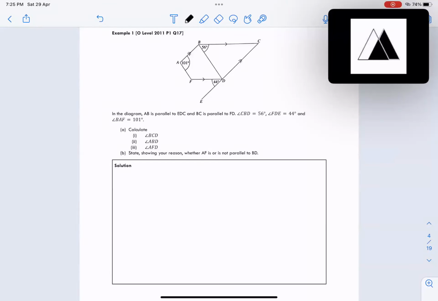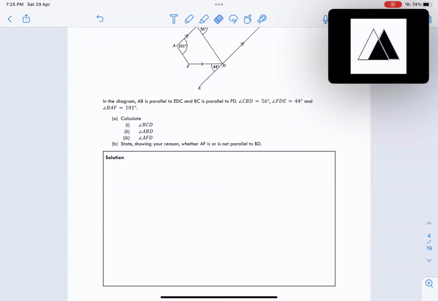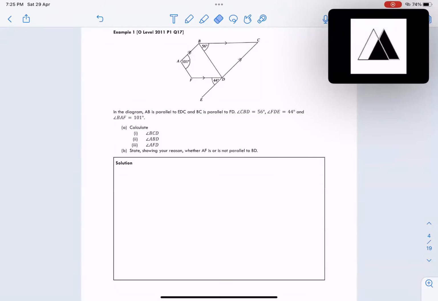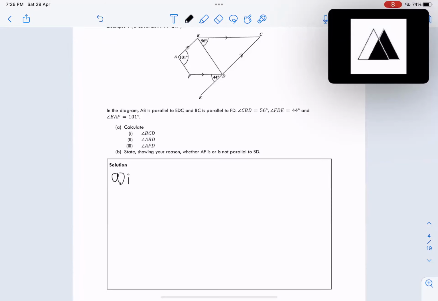Okay, hopefully you are mostly done. I'll just start with the explanation now. So the first one, calculate BCD. So this one you all use the parallel lines, right?